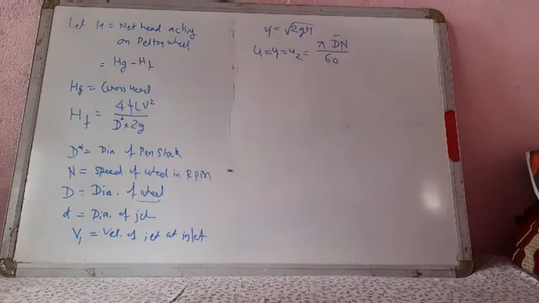Next, the velocity triangle at inlet will be a straight line, as I have shown earlier.